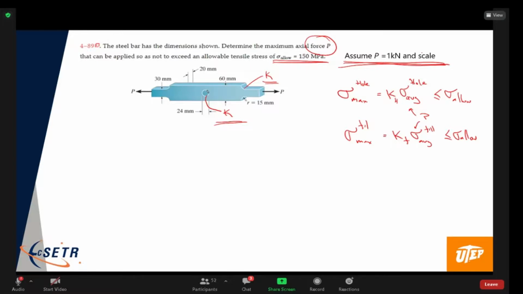I'm going to just assume a force, forward calculate what those peak stresses are, see which one's going to be the greatest, and then scale it so that stress exactly equals 150 megapascal, okay?